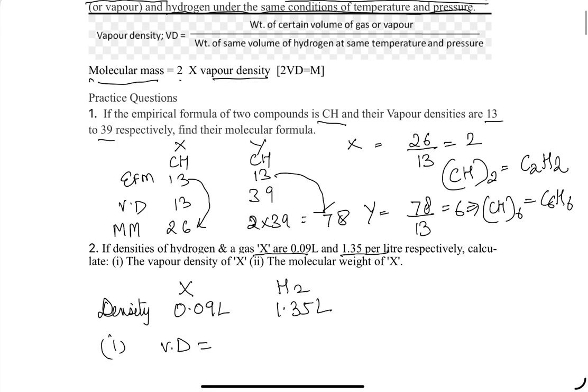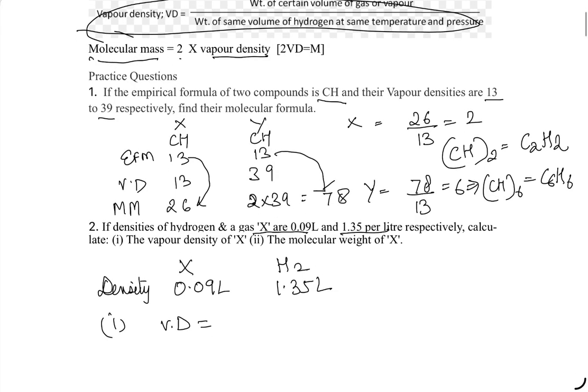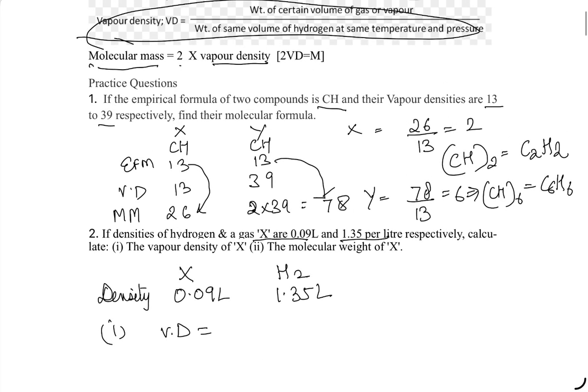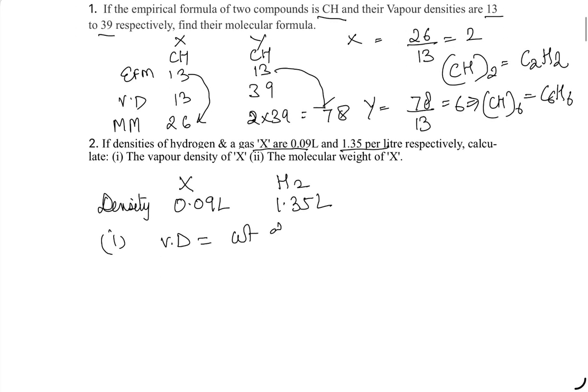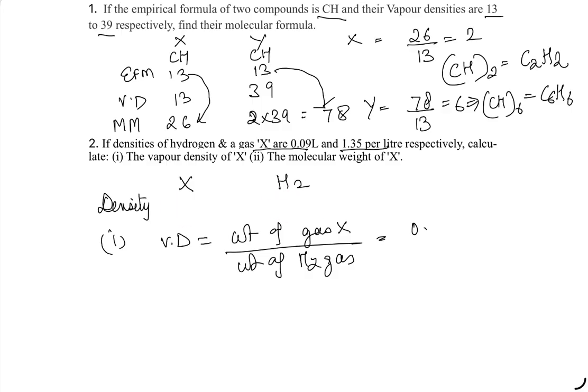The way of answering also matters in the exam, so you are going to write down the whole formula first. Vapor density will be the weight of gas X divided by the weight of hydrogen gas. I think I have written it the wrong way here, something is wrong.